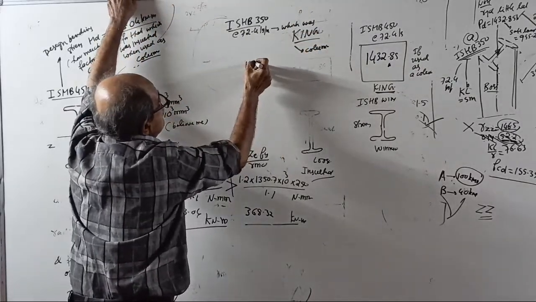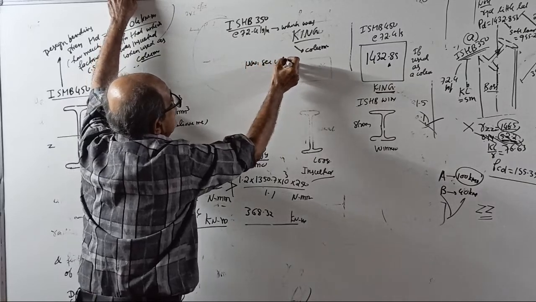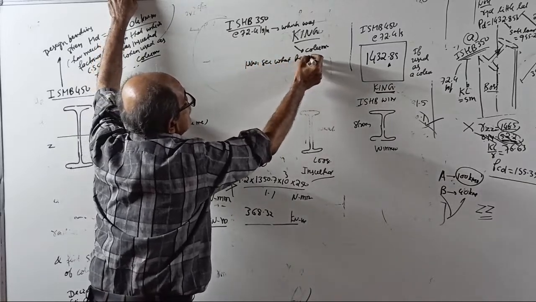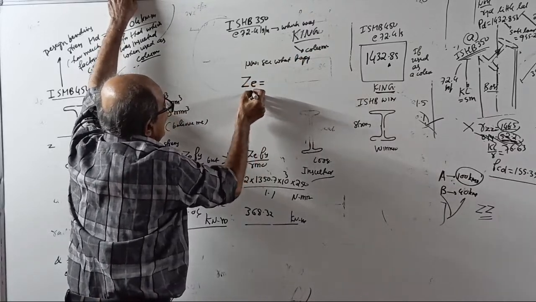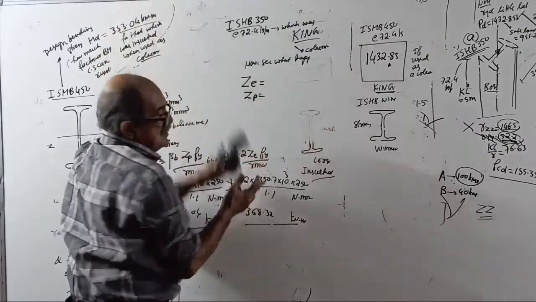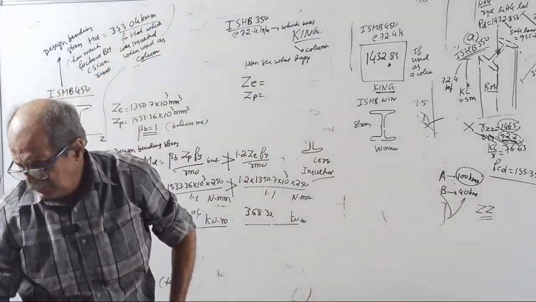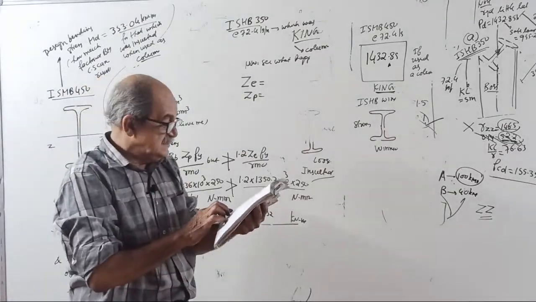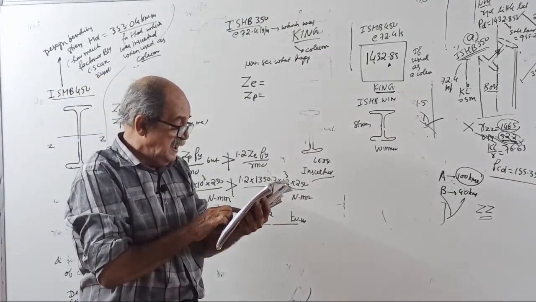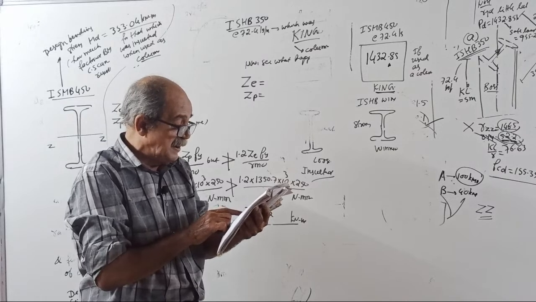Now see what happens. For that one, tell me Z elastic and Z plastic. You will not tell. I should search. ISHB 350 at 72.4 kilogram per meter.